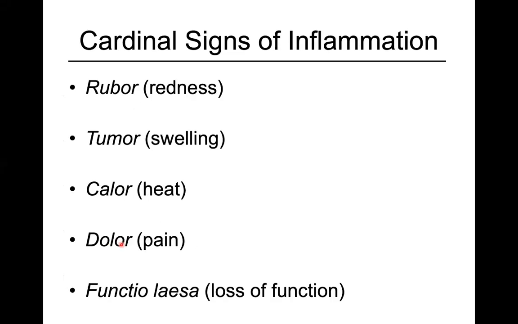So if it's limited to one site, like an injury on the skin, if you feel it, it will be warmer than the other parts of the body. If it's systemic, of course, this heat would translate to a fever. And then there'll be dolor, meaning pain. So those are the four major signs that we see in acute inflammation.